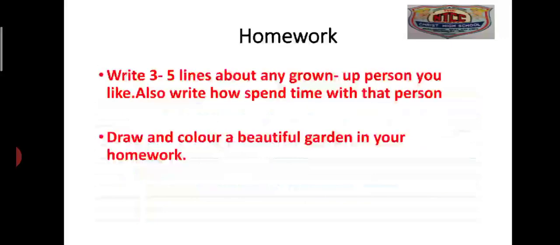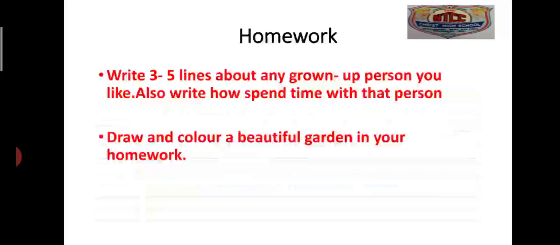Your homework is to write 3 to 5 lines about any grown-up person you like. Also write how you spend time with that person. There's a little spelling error over here. You have to add "you." Okay, children?